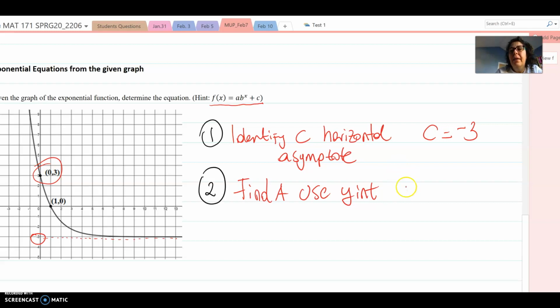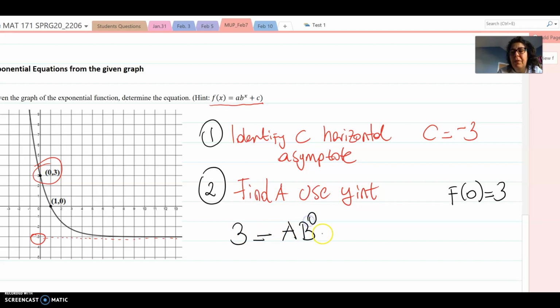It means that when x is equal to 0, f of 0 is equal to 3. That's what y-intercept is. When I plug in 0 for the x values, I will be having 3 for the function. So function will be equal to 3 when x is equal to 0.